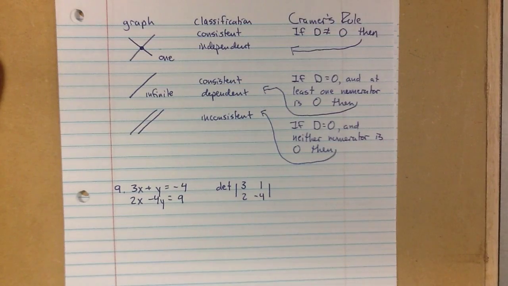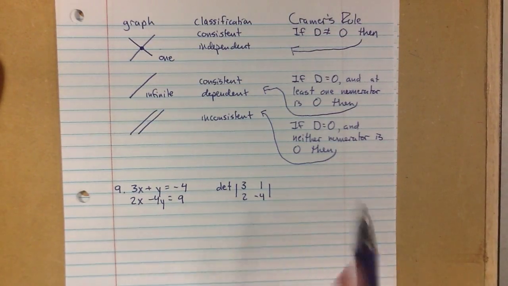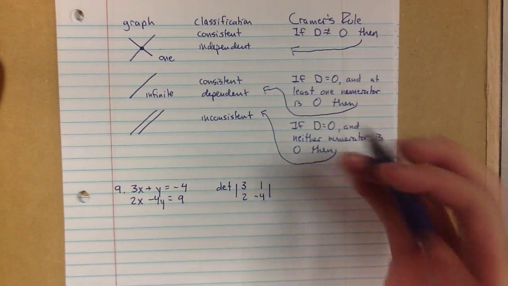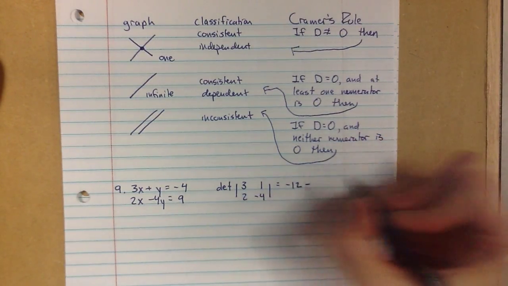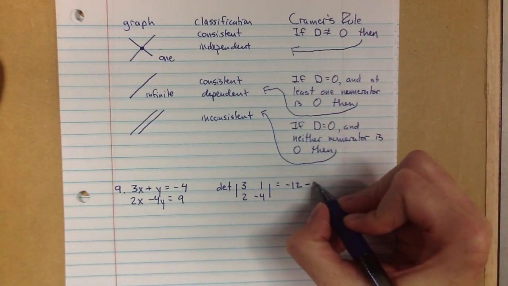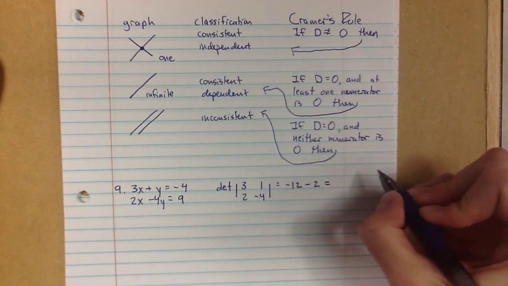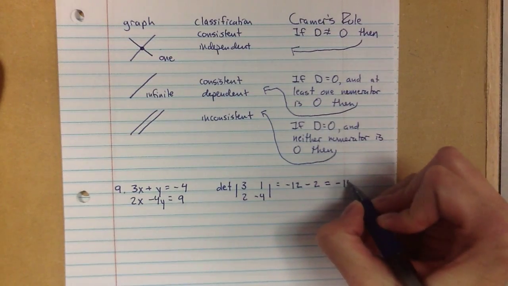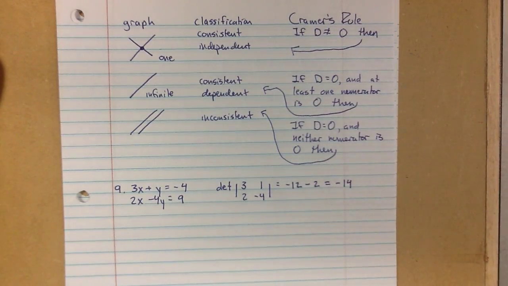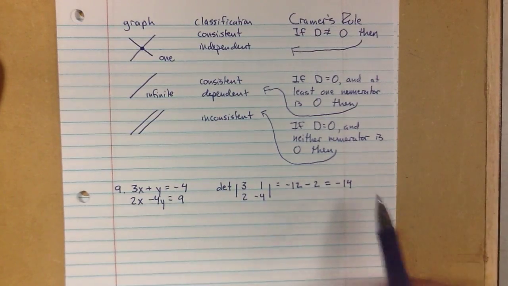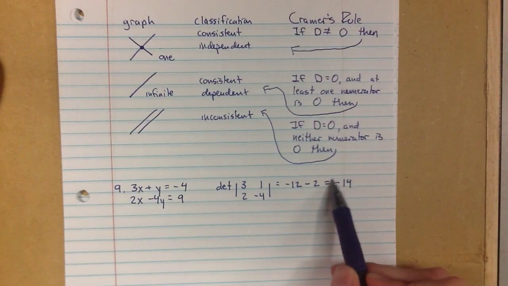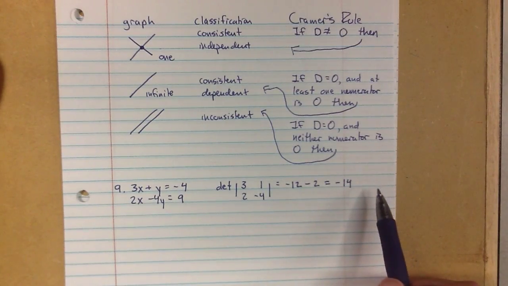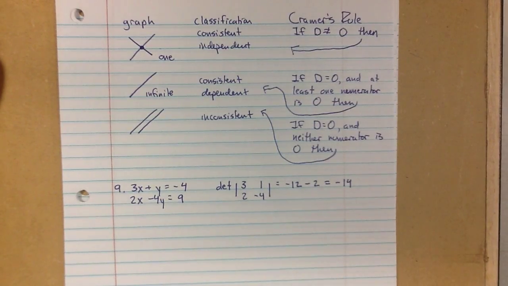So we go down then up. 3 times negative 4, negative 12, minus 2 times 1, 2. So what's my determinant? Negative 14. This is your denominator, which means we're going to have to divide.